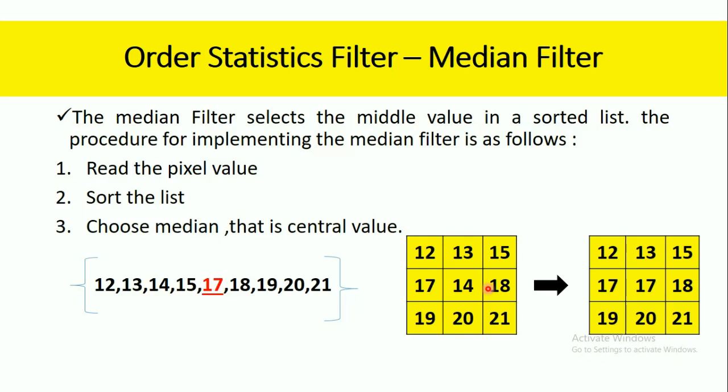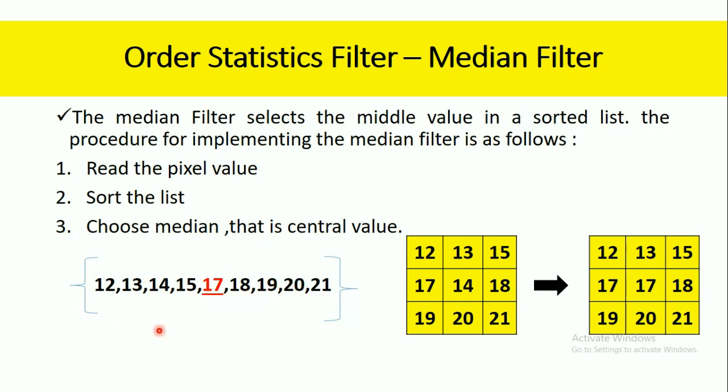The first filter is the median filter. The median filter selects the middle value in the sorted list. The procedure for implementing the median filter is as follows: first we read the pixel values, sort the list and choose the median, that is the center value. So first we take the image and arrange all the pixel values in ascending order, that is 12, 13, 14, 15, 17, 18, 19, 20, 21.